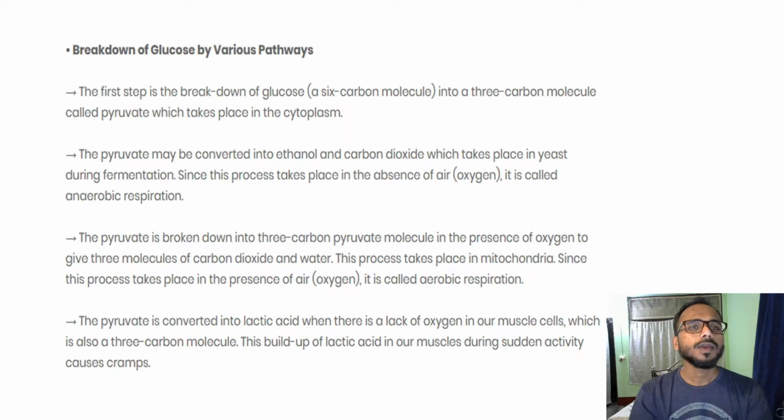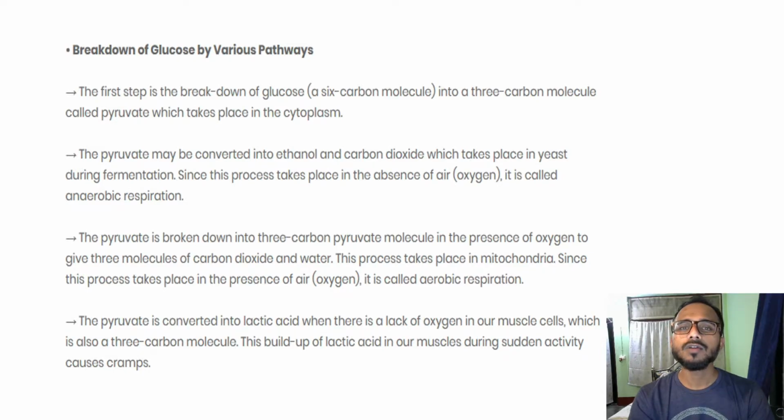Next, as I told you in the previous video while studying the digestive system, the carbohydrate that we take in our food is broken down into glucose. Now that glucose goes through a breakdown in various ways. The first step is the breakdown of glucose, a 6 carbon molecule.